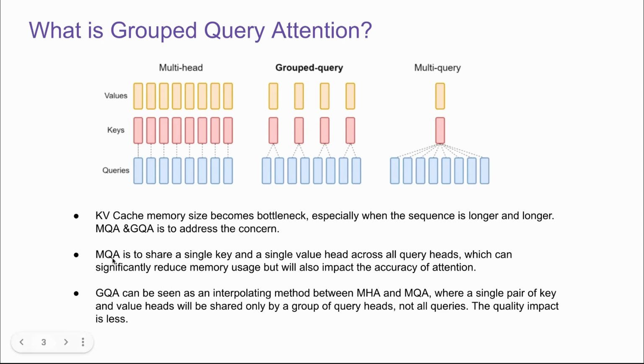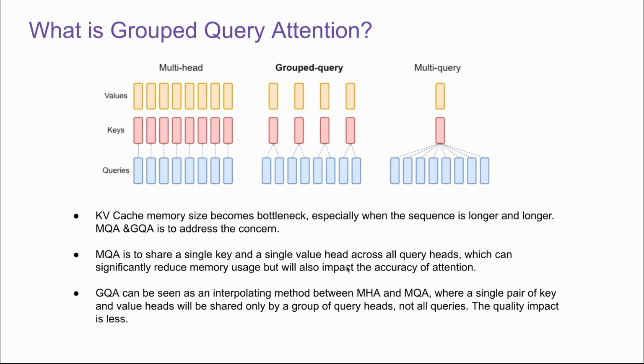As I said here, MQA shares a single key and a single value head across all the query heads. So obviously it can significantly reduce the memory usage, but as you can imagine, if previously you were using 8 matrices to represent an attention, and now you only use 1, there's going to be a lot of information loss, right?